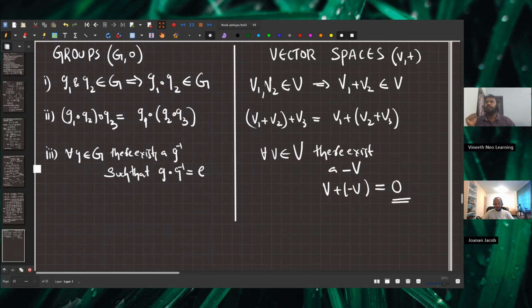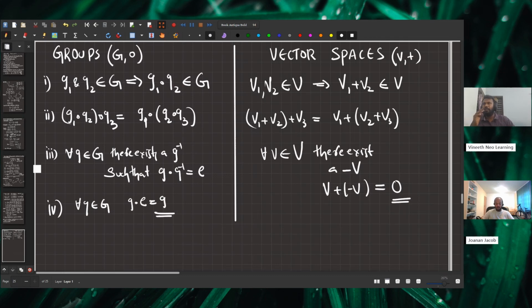So what is this identity? We should have defined that identity before defining inverse. What is that identity? For all G belonging to that group, when we perform an operation with the identity, we get that same element.